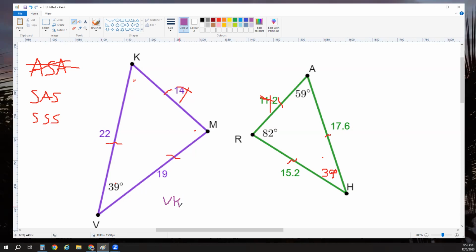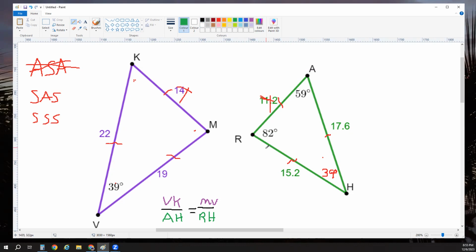VK over AH should equal MV over RH, because those are like the similar sides, right?